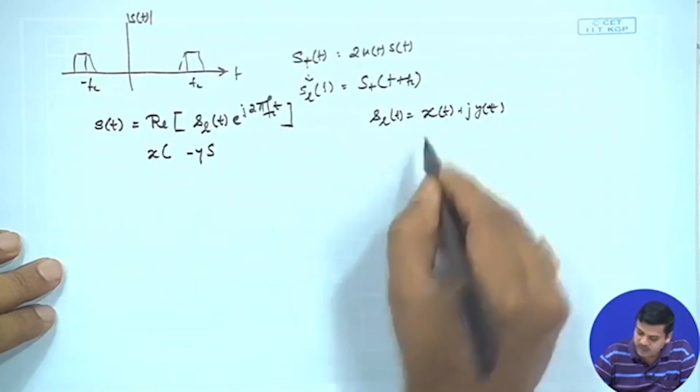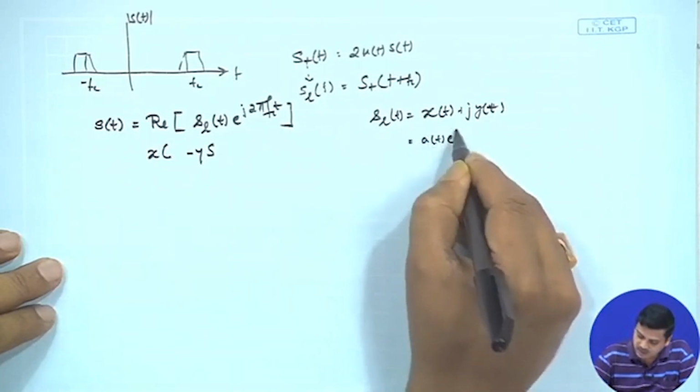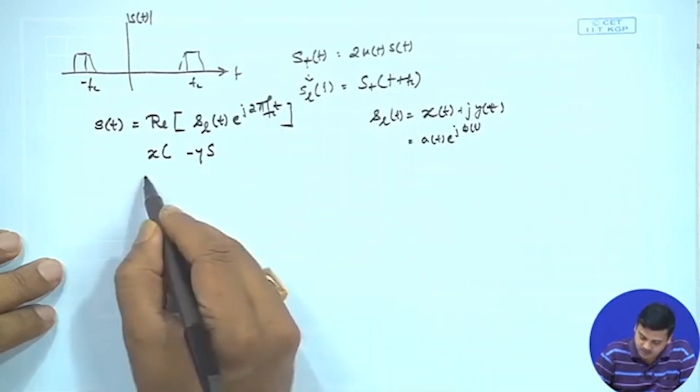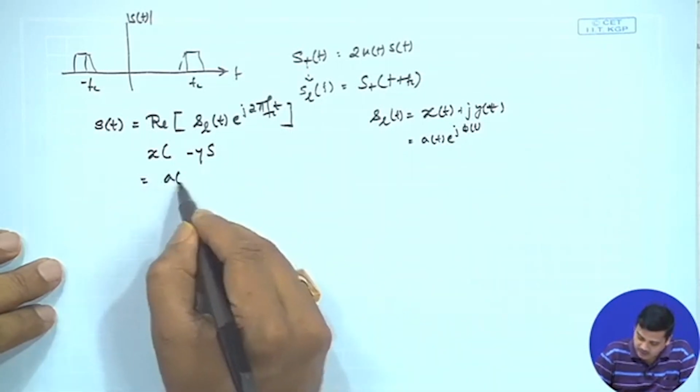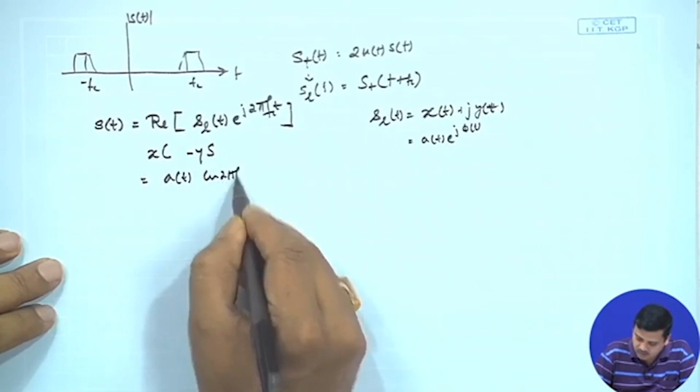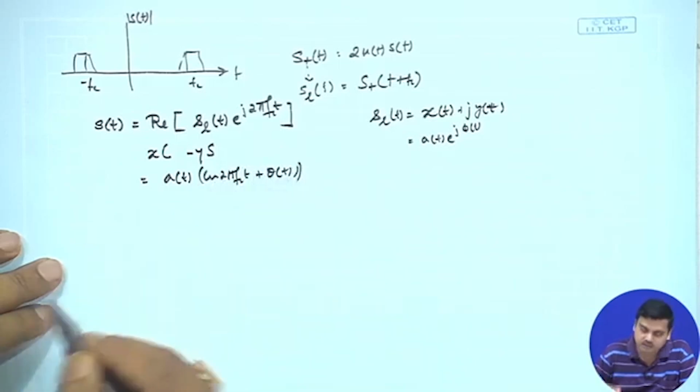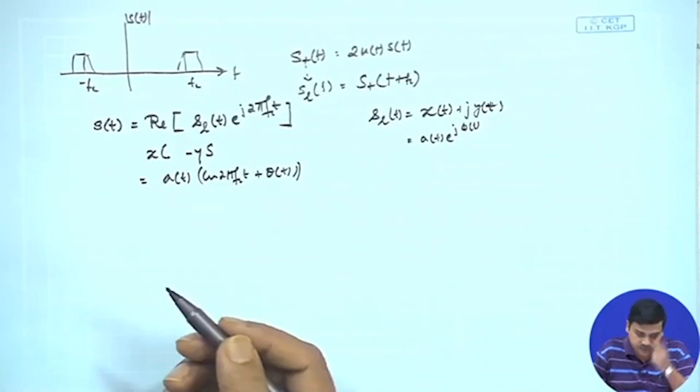One could also represent s_L of t as a of t e to the power of j theta of t, and in this case you would represent it by a of t cos of 2 pi f_c t plus theta of t. This is what we discussed in the previous lecture.